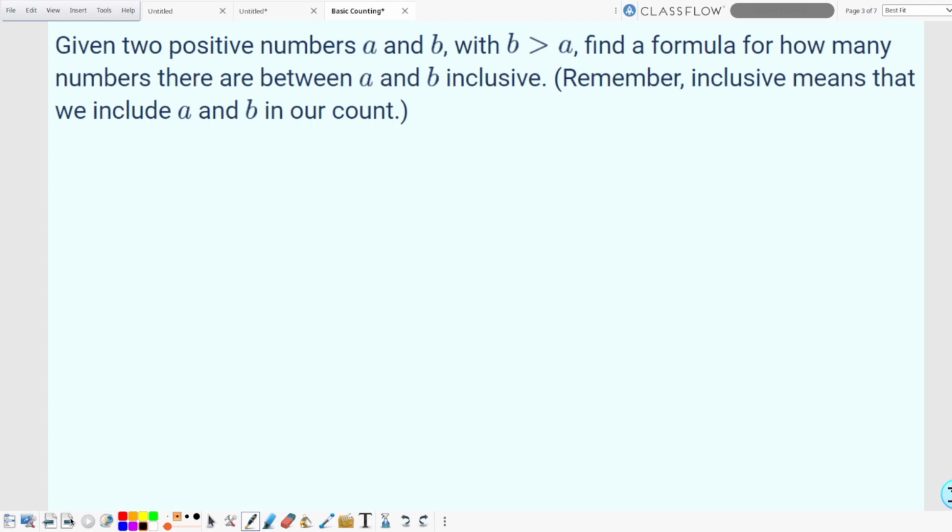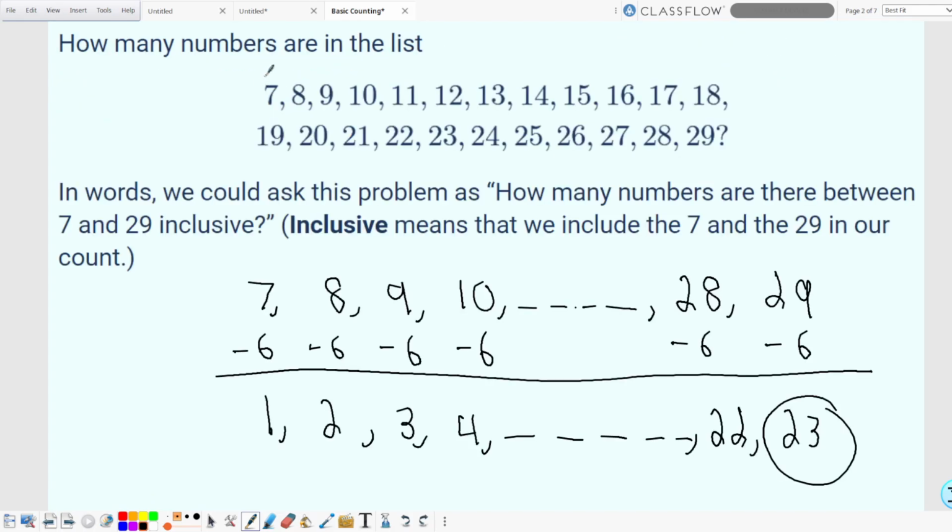So we're going to use the same idea we used in the last problem. Let's think. If I start with some number A, the next number in that list, if we're counting all the numbers between A and B, would have to be A plus 1. In the last problem, A was 7, so 7 plus 1 was 8. And you can probably see where I'm going. The next number would be 7 plus 2, which is 9.